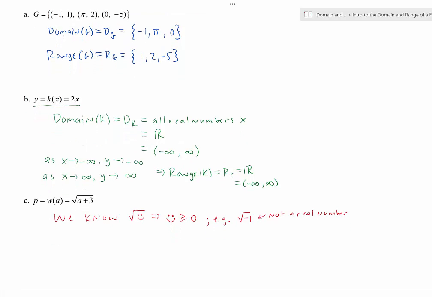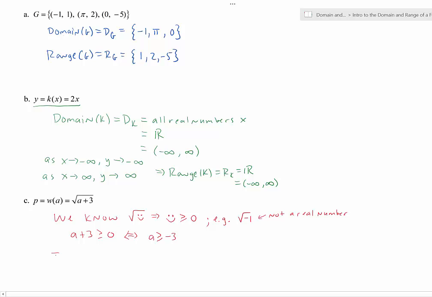So here we cannot have anything inside the root be negative in order to be defined to be real. That means we have to take what's inside the root. Here it's a plus 3, and that has to be positive or equal to 0. We can simply solve this inequality, and we get a is bigger than or equal to negative 3, and there you go. Any real number that's bigger than or equal to negative 3 will work for this function to be defined.